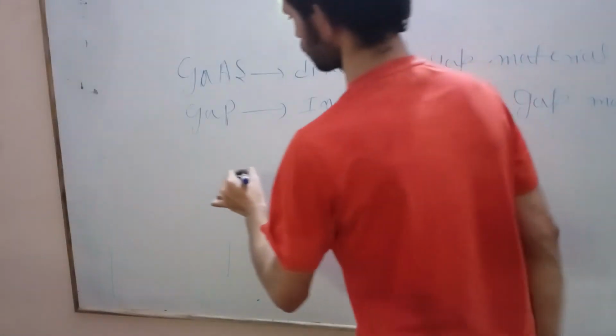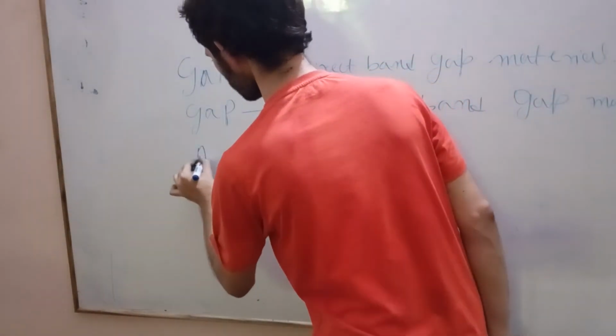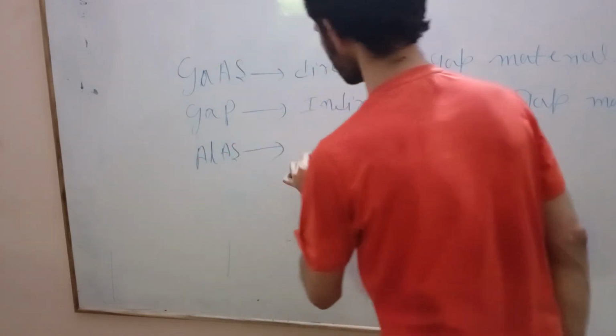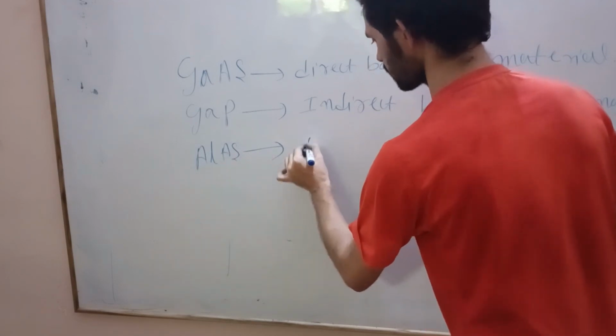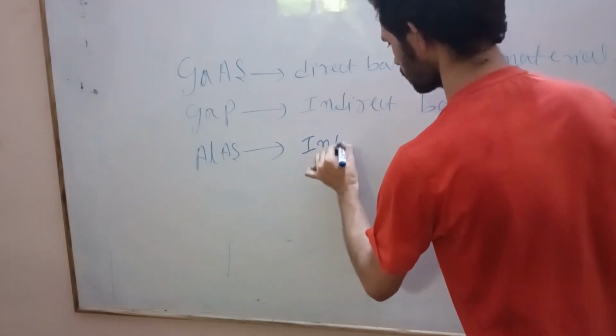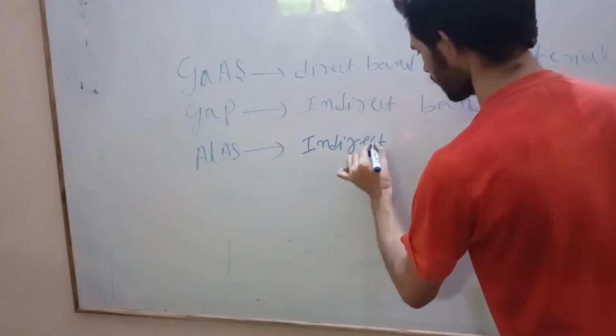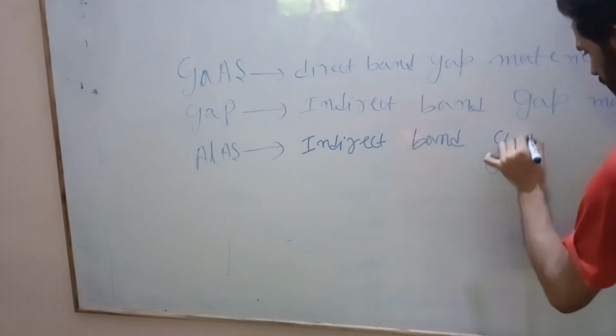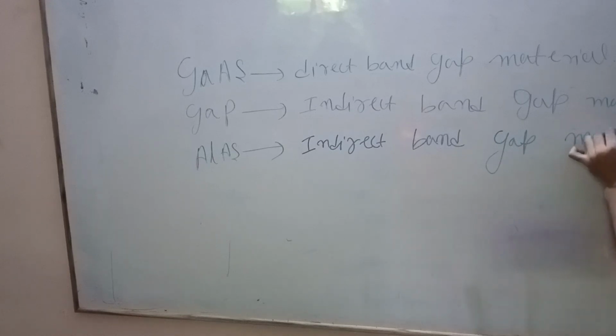If I say aluminum arsenide, this is also a compound semiconductor, but it is an indirect band gap material. Silicon and germanium are both indirect band gap materials.